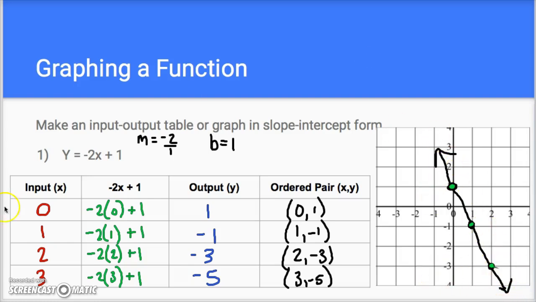So that just shows you that you can graph the equation using the slope and the y-intercept, or make an input-output table, and it would get you to the same graph. Now, you'll end up using both forms of this on your assignment, which is the worksheet that goes with this. So hopefully having this example with the input-output table and the graph will be very helpful.